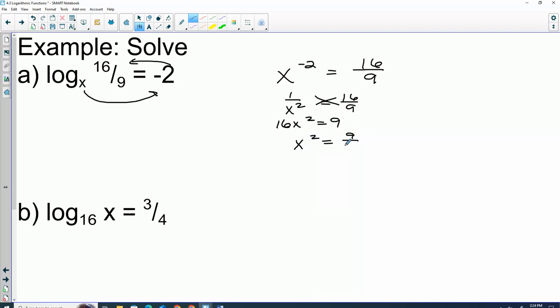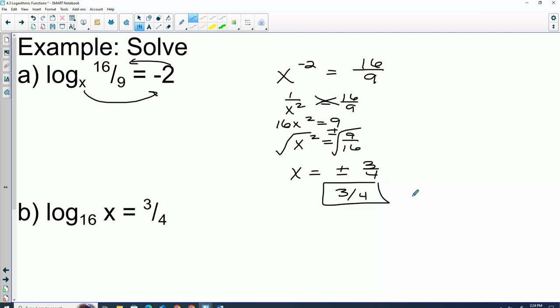Divide by 16, so x squared is 9 over 16. To get rid of a square, root with that, plus and minus 3/4. Are both of those possible? Nope, so 3/4 is our only answer.